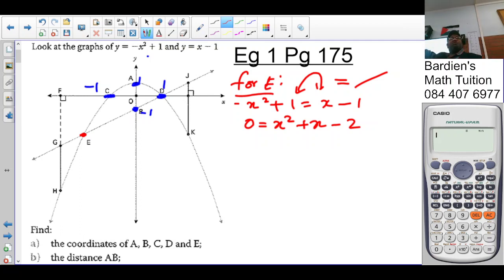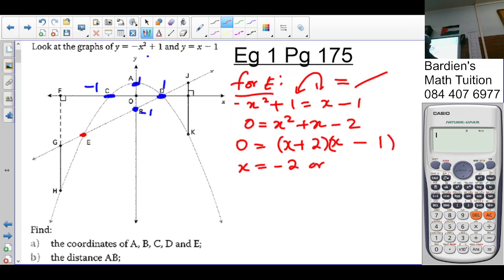Not so? So then your x squared is negative. So quadratic. So you've got an x and an x. It's going to be 2 and a 1. The 2 is going to be positive and negative. So in other words, x plus 2 is equal to 0, x is minus 2, or x minus 1 is equal to 0, x is equal to 1.